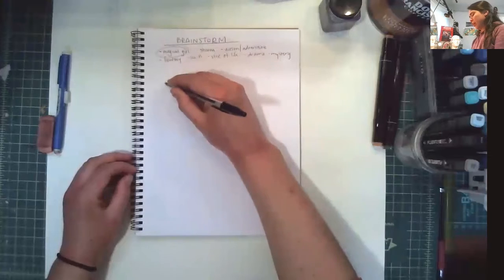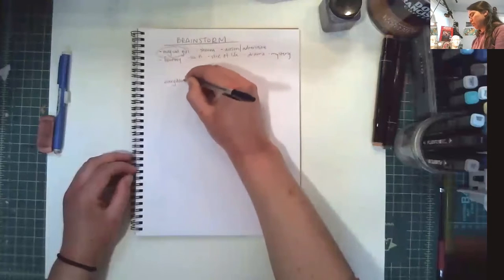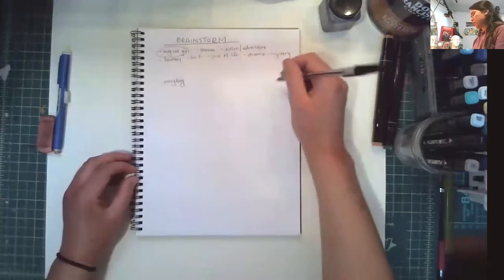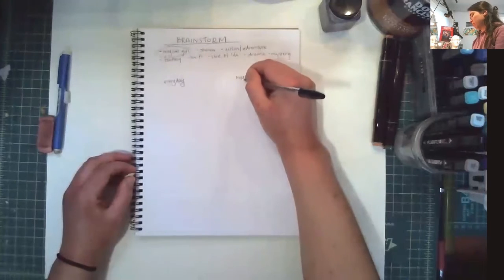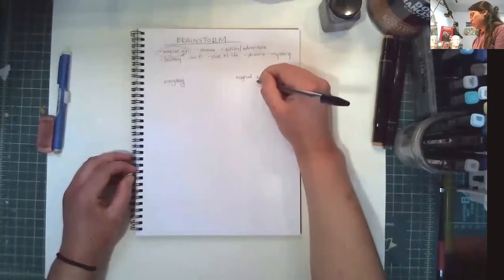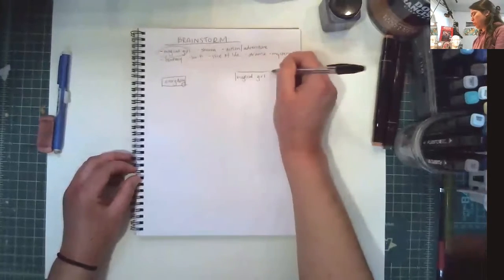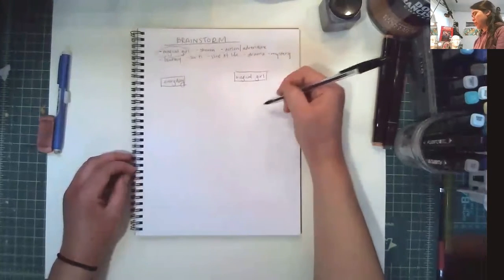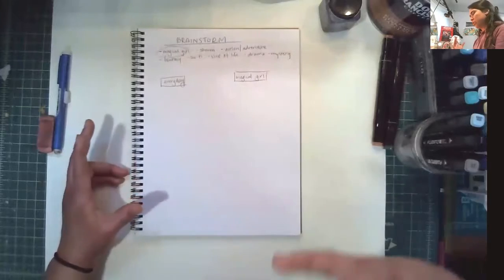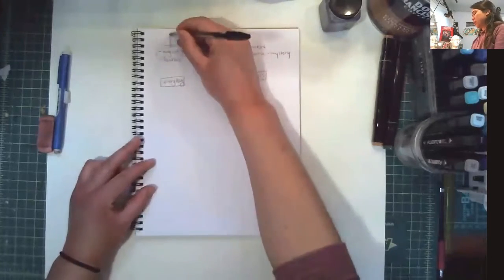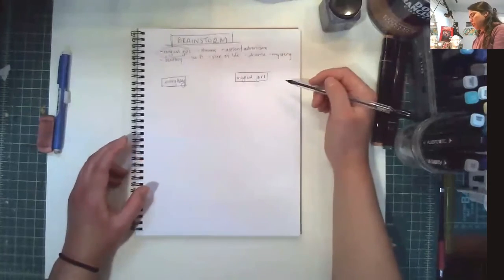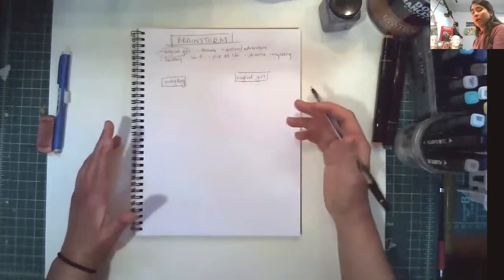So we're going to have her everyday or civilian appearance, and then we're going to have her magical girl appearance. So what does she look like every day, like going to school and stuff? And then what does she look like when she's fully transformed? Like I said, this is a brainstorm, so I'm going to be starting to throw out some ideas.